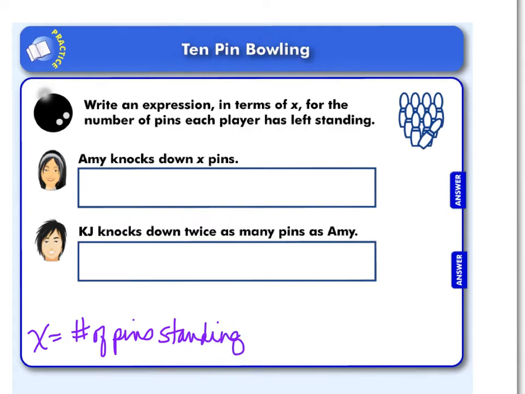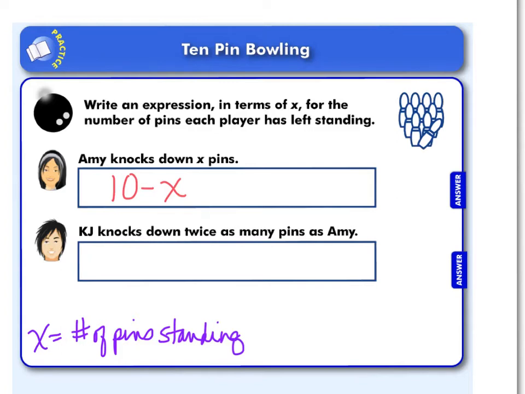So it says Amy knocks down X pins. We're not sure how many, but if you know anything about bowling, how many pins do you start off with? Well, you start off with 10, right? So 10 minus X. However many she knocks down, that will be how many is left standing.